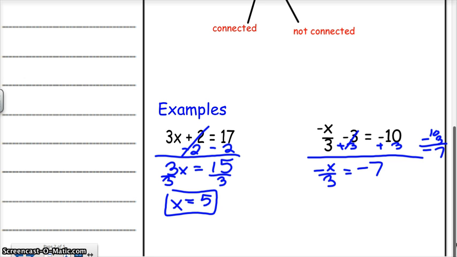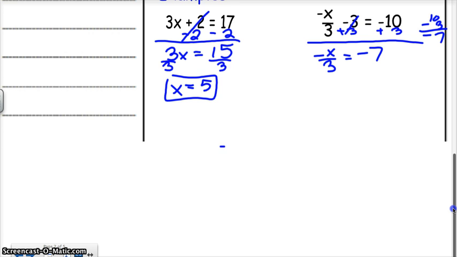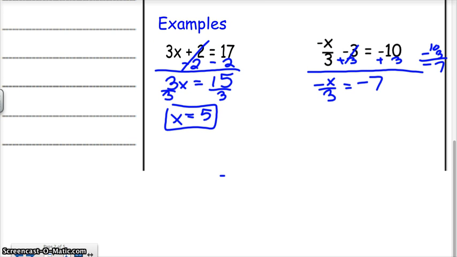Now some of you are going to use the reciprocal here. I don't have to. The -x over 3 is just saying -x divided by 3. What's the inverse of divide? Times. So I'm going to times both sides. I'm actually going to get rid of that negative right now too.